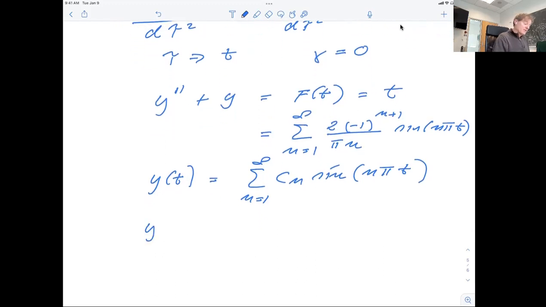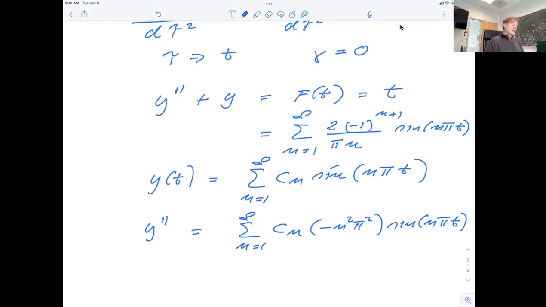So if I do the second derivative of this function, this is just going to be given by n equal 1 to infinity. I have this unknown coefficient c of n, and this is multiplied now with minus n squared times pi squared. So I'm taking a derivative, and I'm getting sine of n times pi times t.